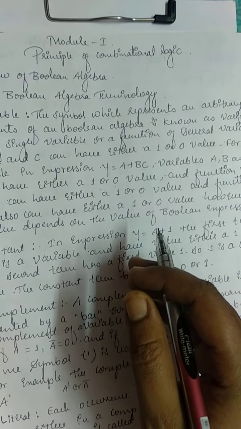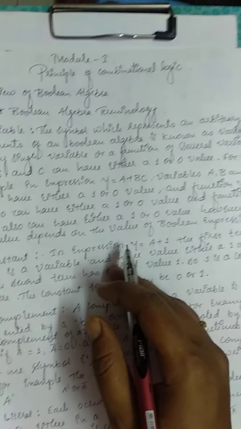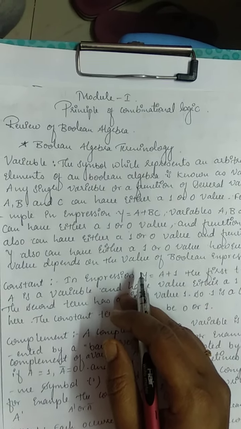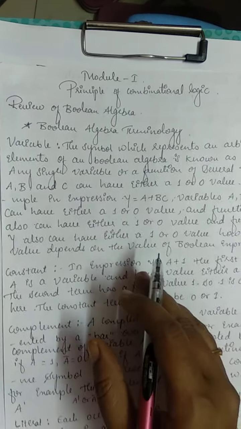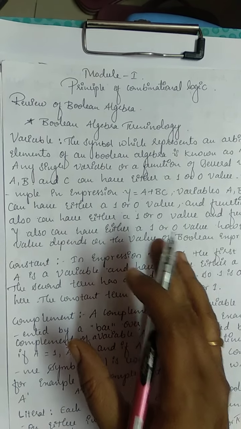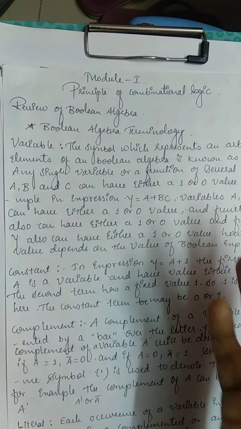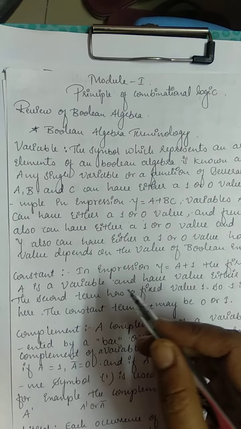It is a mathematical representation of operations, where the function has variable truth values, that is false and true, that is 1 or 0.